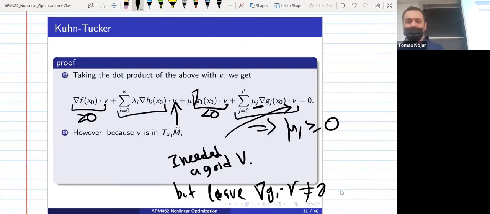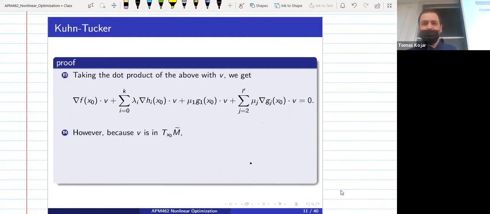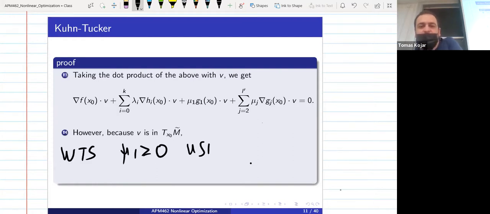Oh, yeah. So let me write it, clean this up. I want to show that mu1 is non-negative using 1.